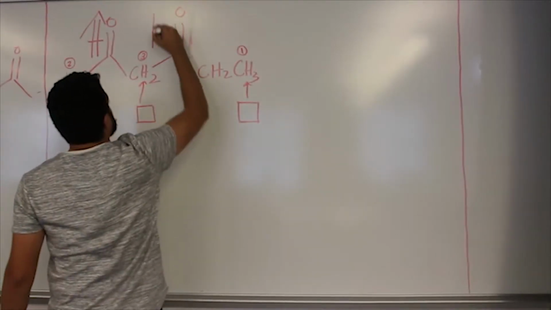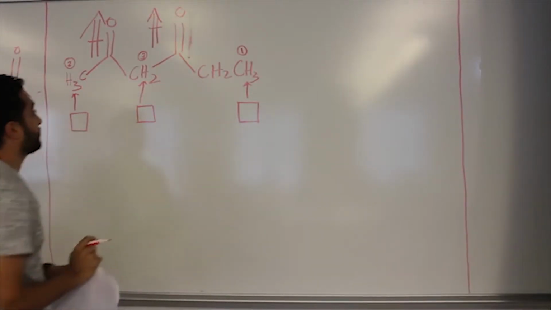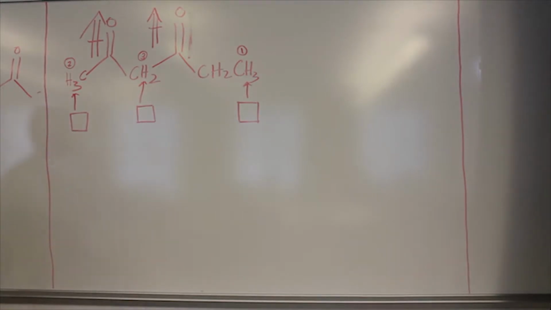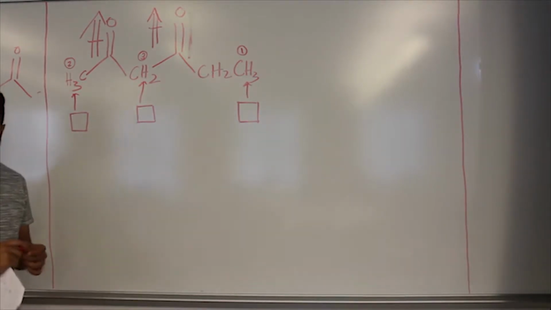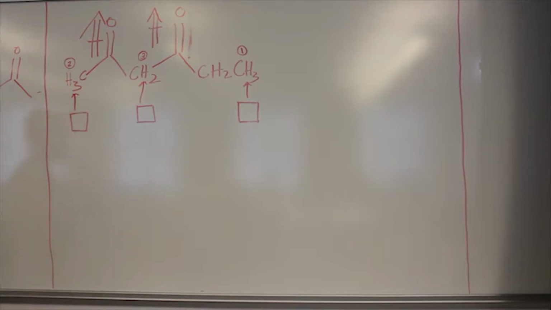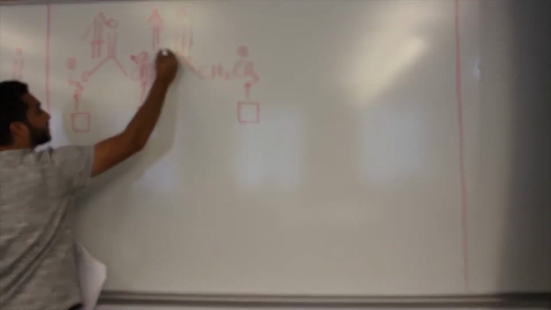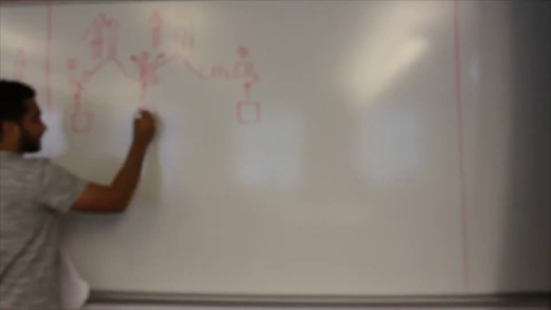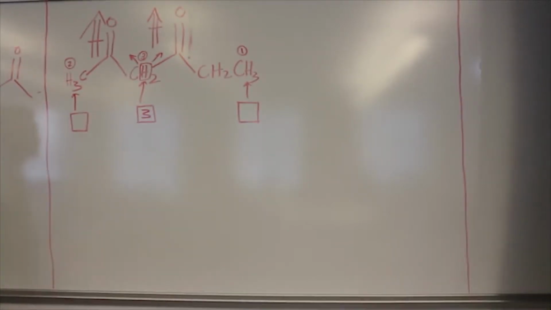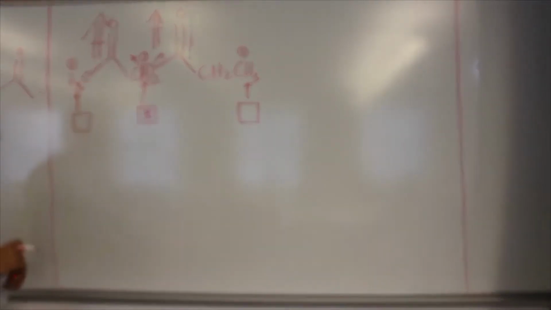The gigantic pulling factor is going to happen on these oxygens, right? We know that for sure. So if that's where the majority of the pulling is going to be, that means the hydrogens closer to those points are going to be the ones that are highly acidic. Because the hydrogen over here is in between both of those particular spots, it's going to be the highest in the acidity trend.